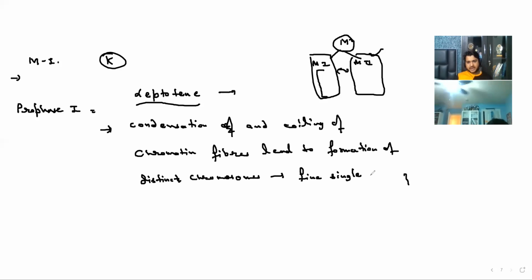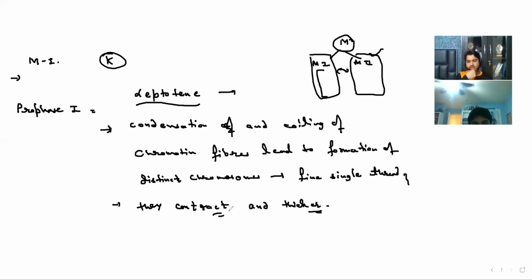This happens in leptotene, and they contract at the highest level, contract and become thicker. So this is prophase 1.